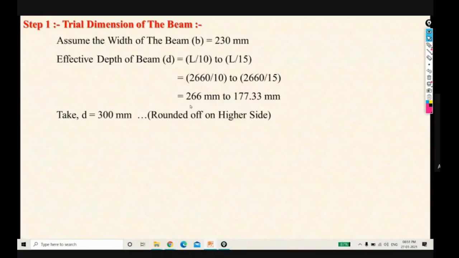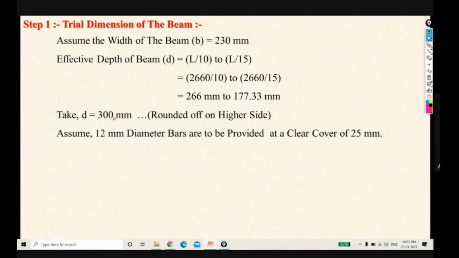We can provide depth as 266 or 177, but we are going for the higher side. This 266 we have rounded up to 300. So for this beam, our dimensions are 230 by 300.